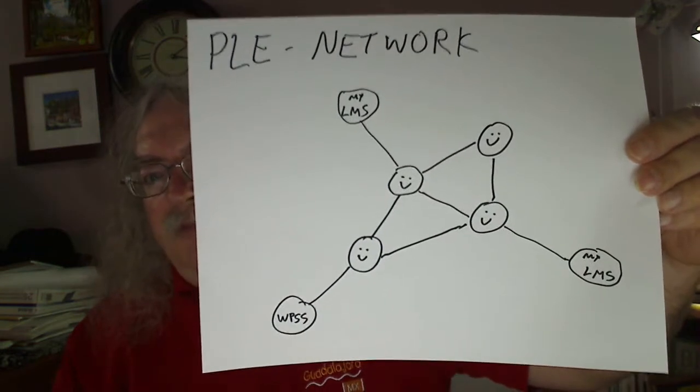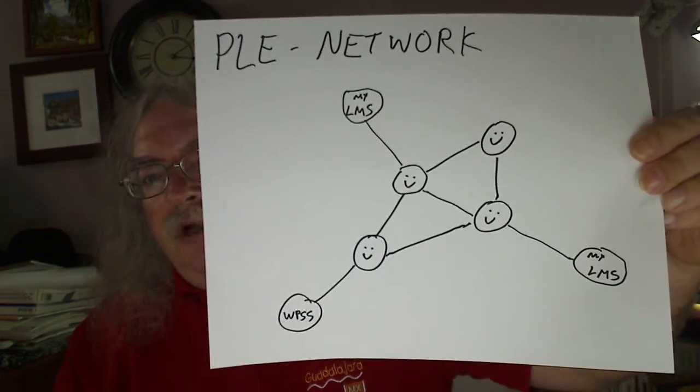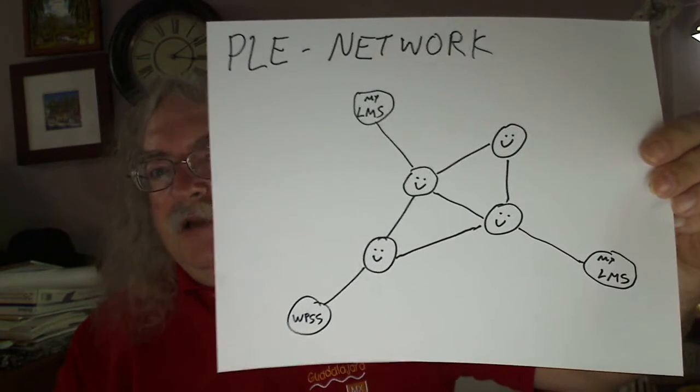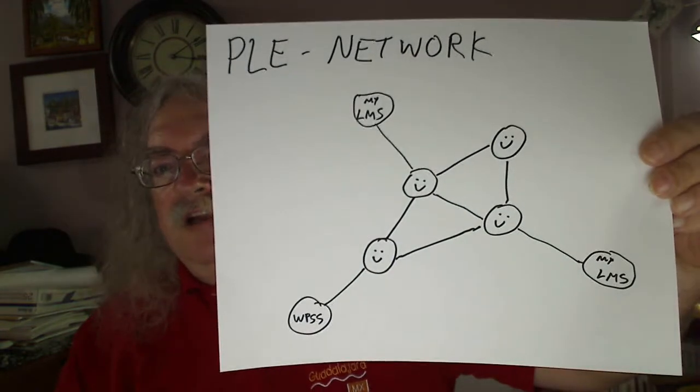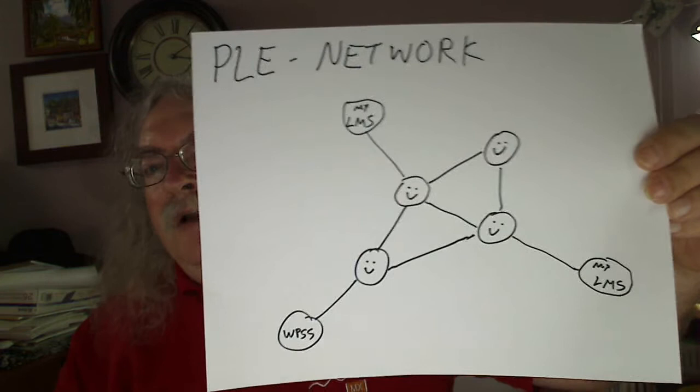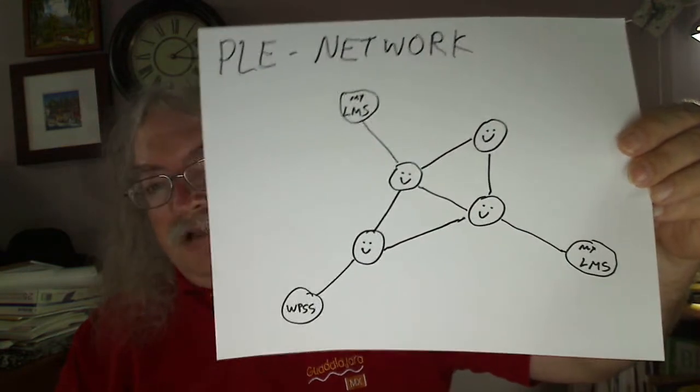And as you can see from this diagram, 3 of the people here are connected to different LMSs, and a 4th isn't connected to any LMS at all. So nobody is locked out of the network when you're using personal learning environments. Everybody can connect in some way, and you don't have to join the Federation.